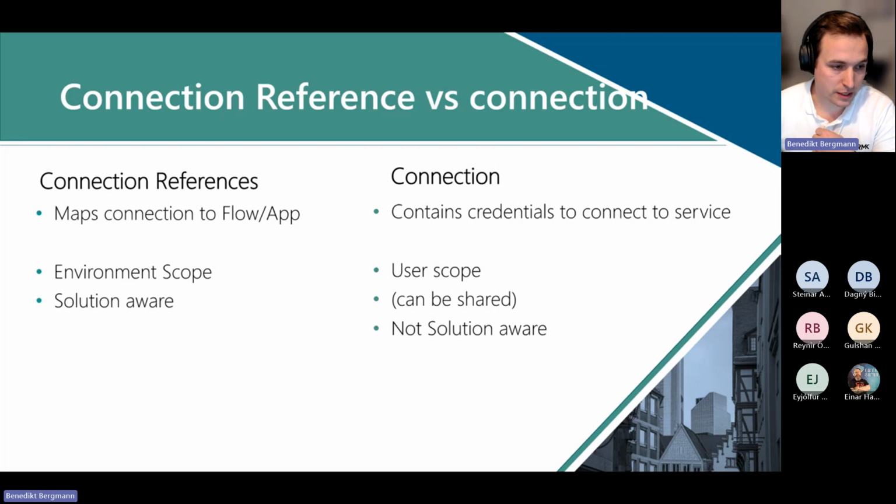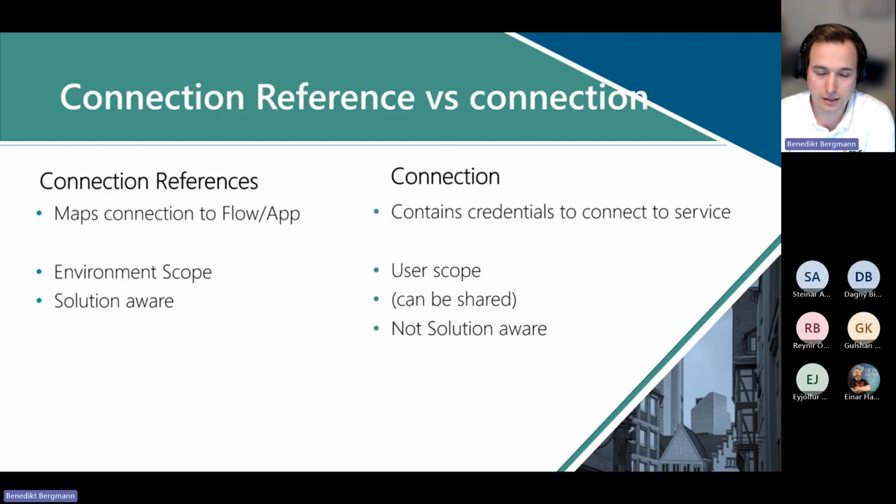And the other thing is there are certain authentication types like OAuth where you can't share. It's forbidden from the OAuth implementation to share the connection. It's scoped to the user that you're using there. So depending on which authentication type your connector is using, you might be able to share it or not.